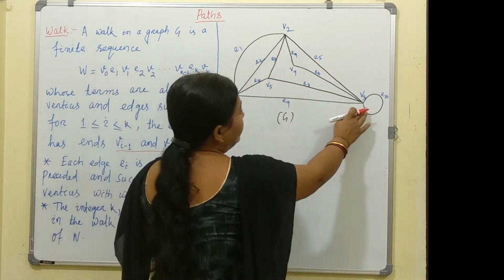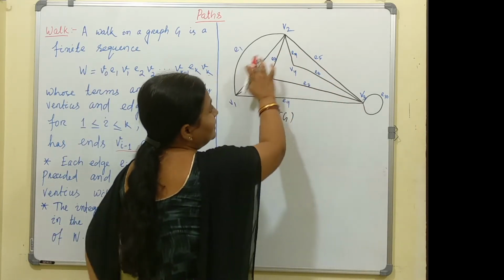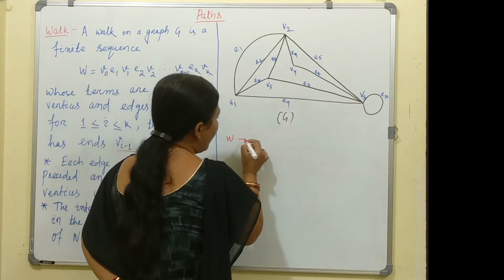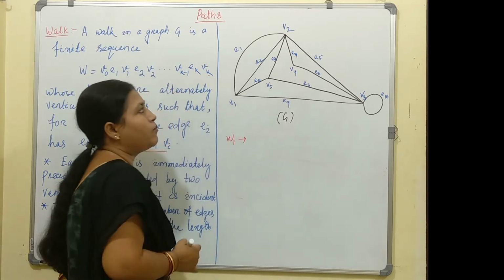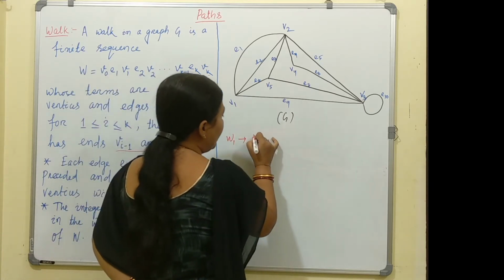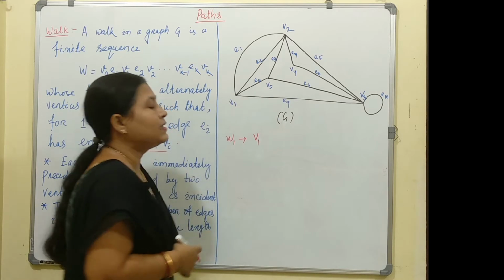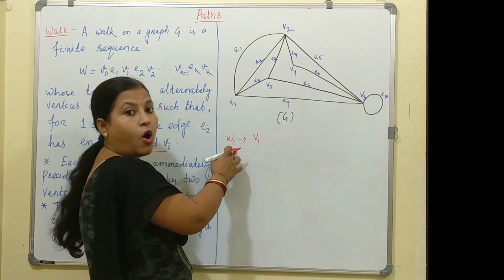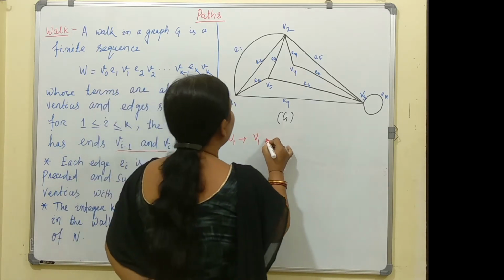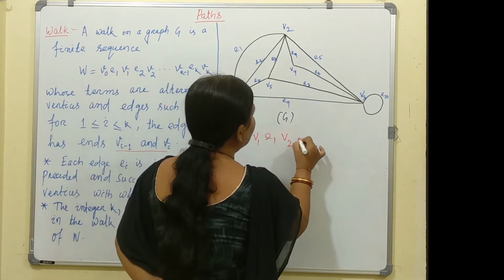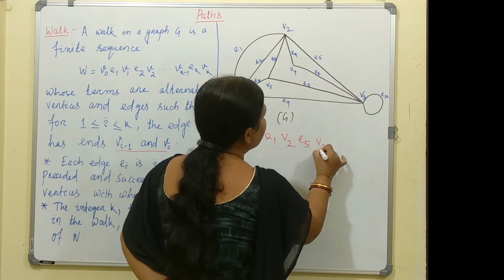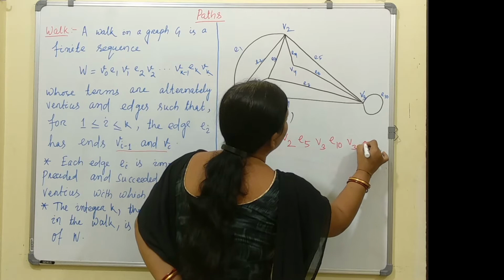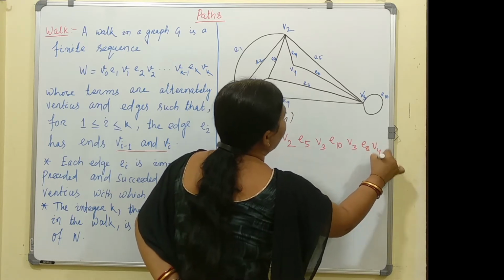There are 5 vertices and 10 edges, and we will take one walk, W1. First of all we write one vertex, V1, which is the starting vertex of W1. So V1, E1, V2, E5, V3, E10, V3, E8, V4.